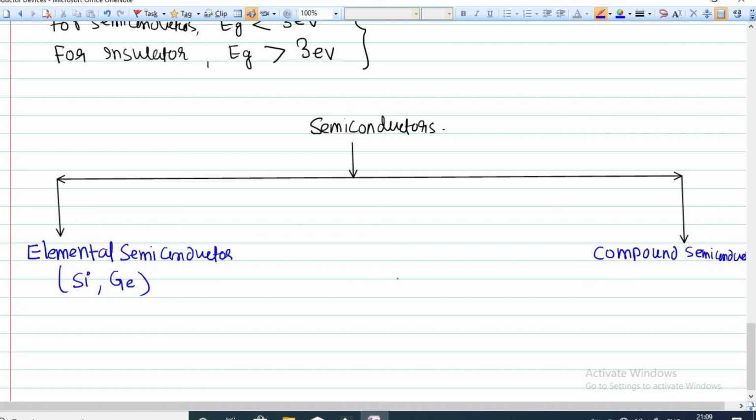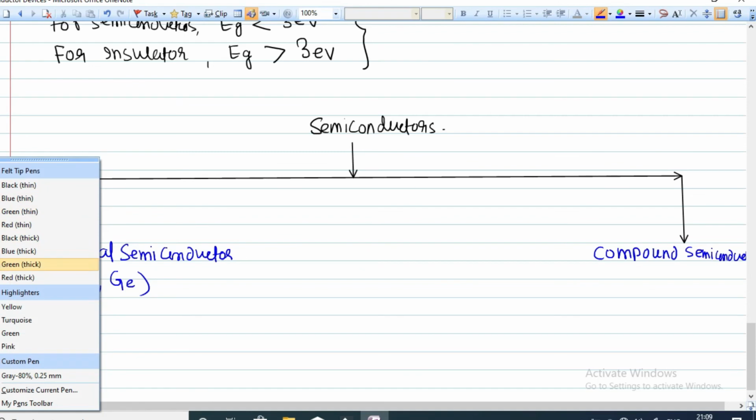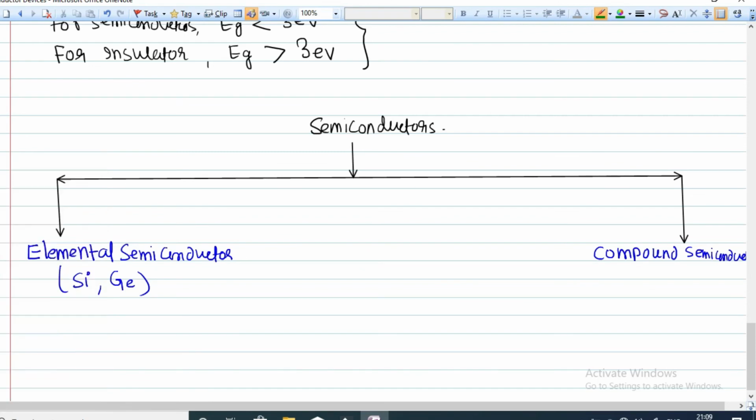Now compound semiconductors are again classified into three categories.